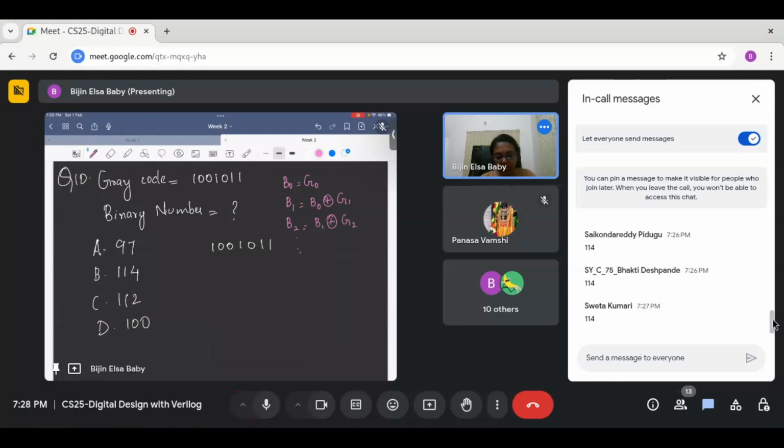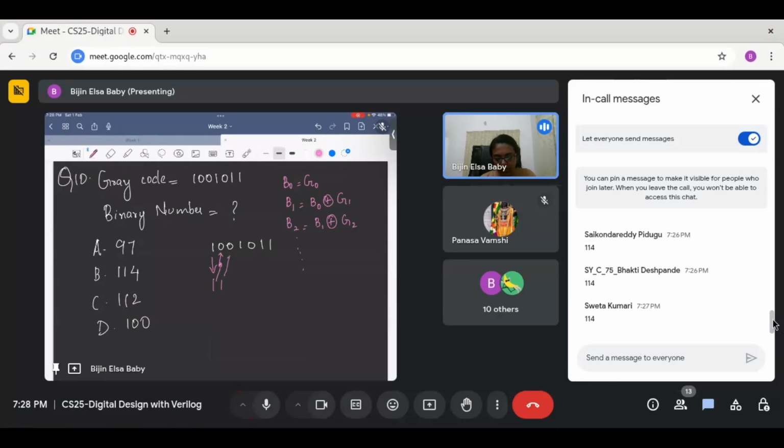So it will go like that. So here it will be 1, then 1 XOR 0. That will be 1.